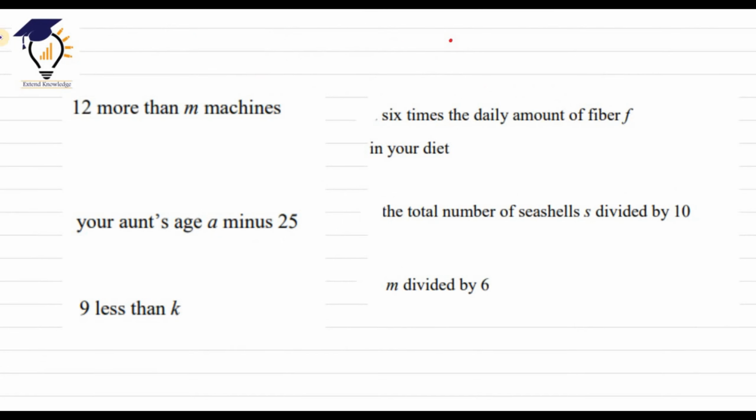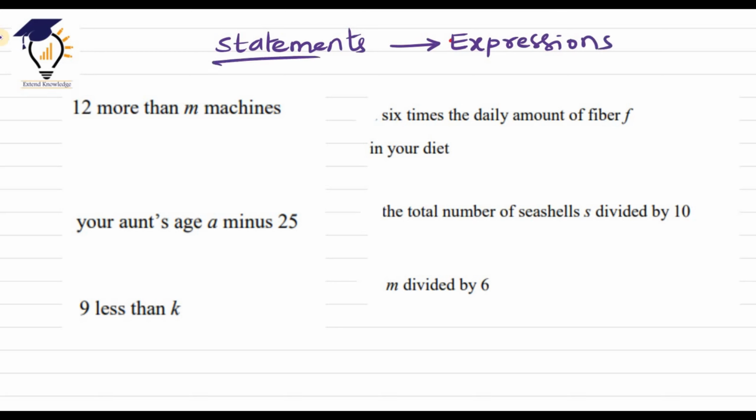Here I have brought some statements. We are converting statements to expressions, not simplifying, just writing expressions. In the next level, we learn how to convert the statement into an expression and then also simplify. Here we go with the first one: 12 more than M. Here, more than is the phrase.